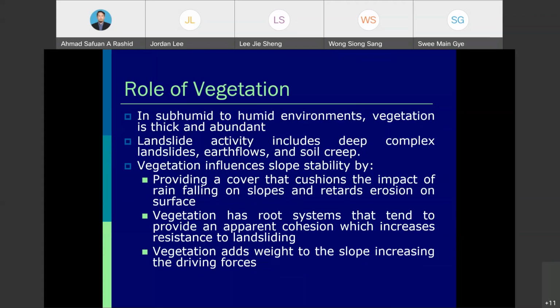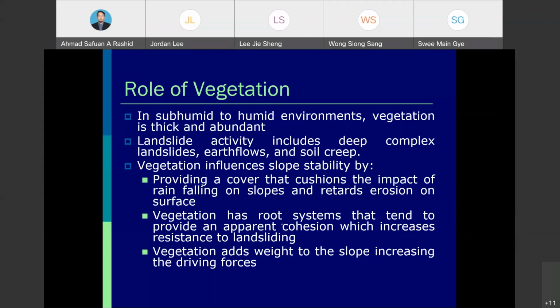Okay, so that is the advantage of the vegetation. Vegetation has a root system that tends to provide an apparent cohesion, which increases resistance to landsliding. Vegetation adds weight to the slope, increasing the driving force.